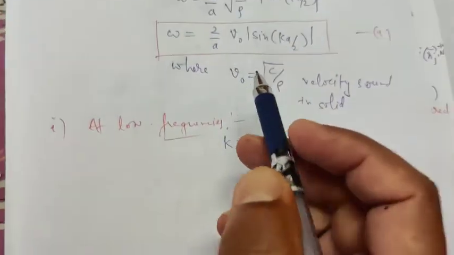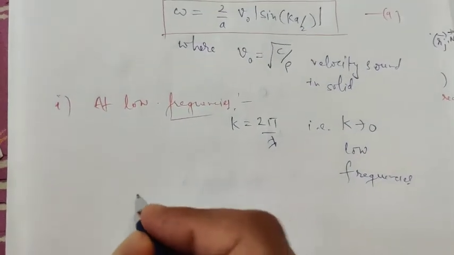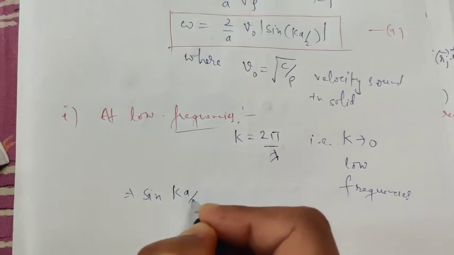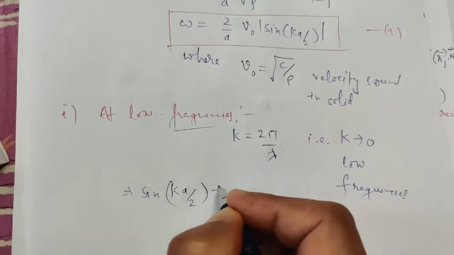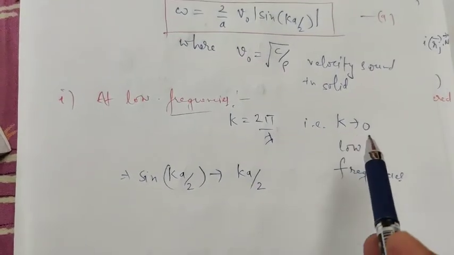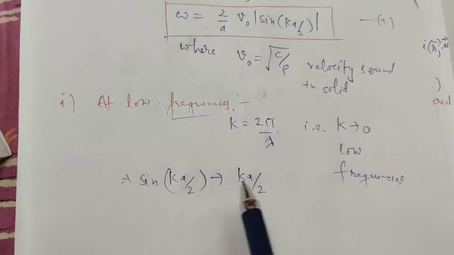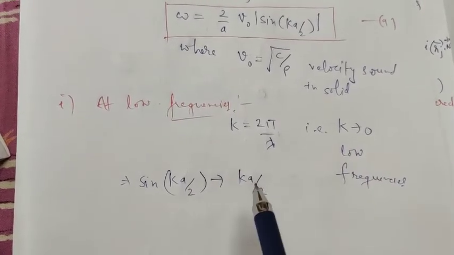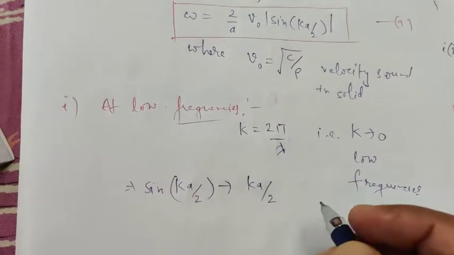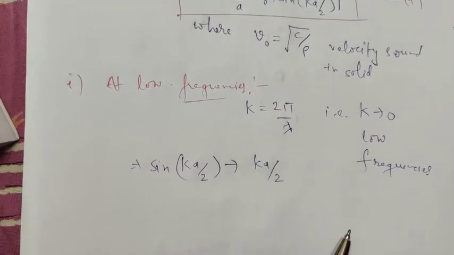Therefore this term sine ka upon 2 approaches ka upon 2, because for small values of k, sine ka approaches ka.